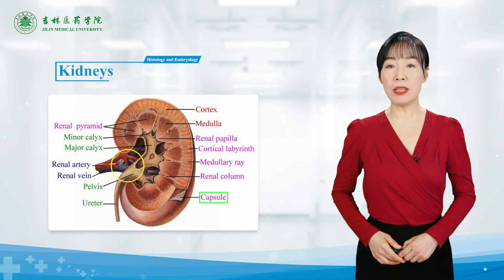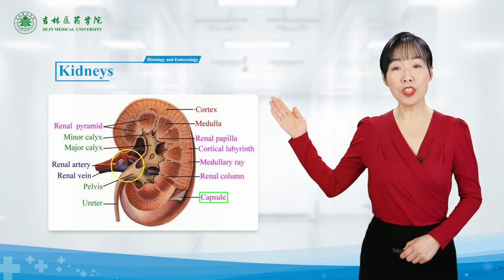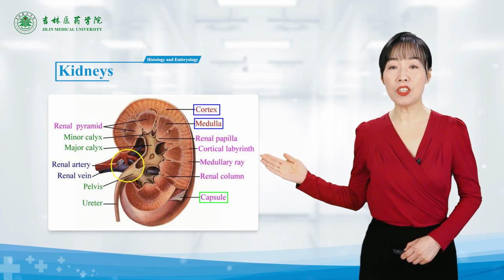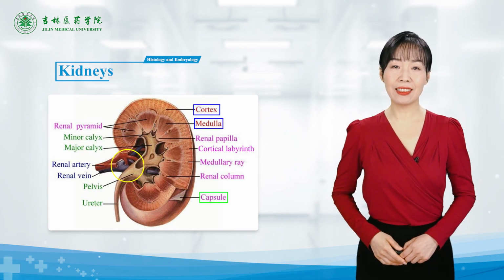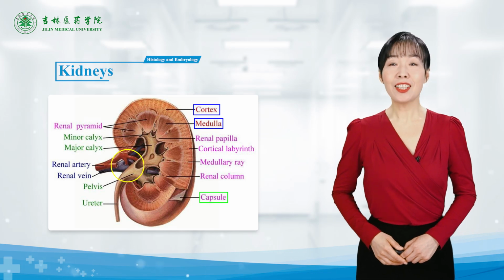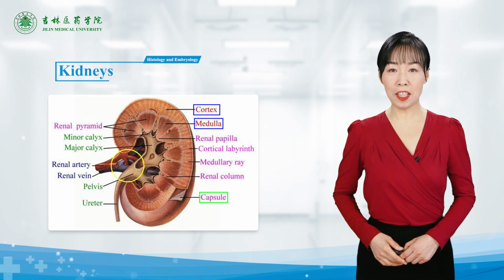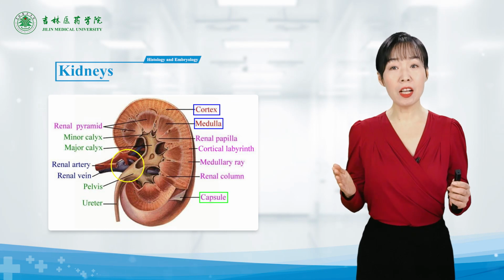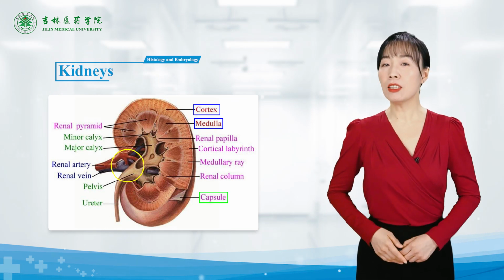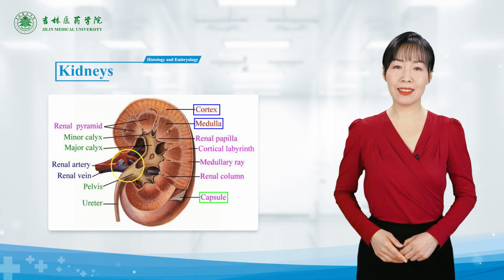The kidney can be divided into an outer cortex and an inner medulla. In humans, the renal medulla consists of 10 to 18 pyramidal structures, the renal pyramids.